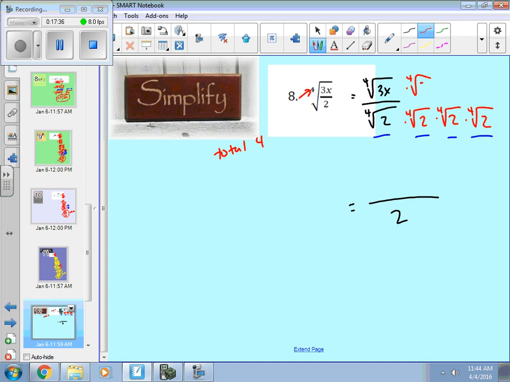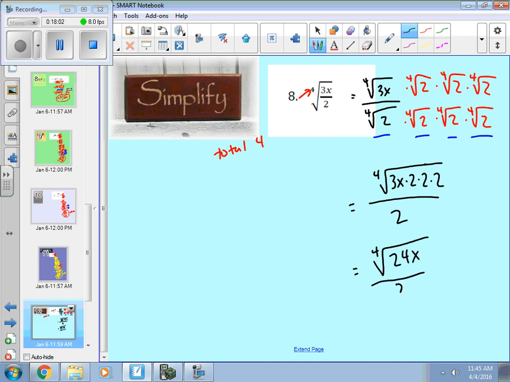So on the top, we also need to multiply by 3 more of these. So on the top, what we'll end up with is the 4th root of 3x times 2 times 2 times another 2. Now we just got to simplify that. That would end up equaling 3 times 2 is 6, times another 2 is 12, times another 2 would be 24x over 2. So that would be the answer with the rationalized denominator.